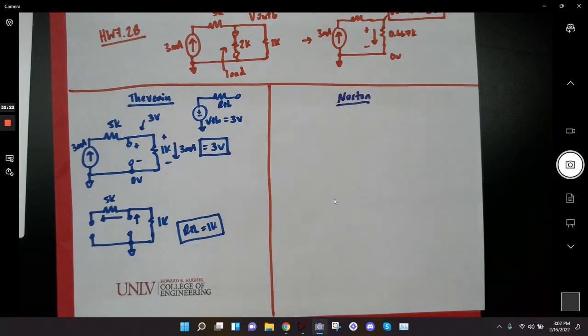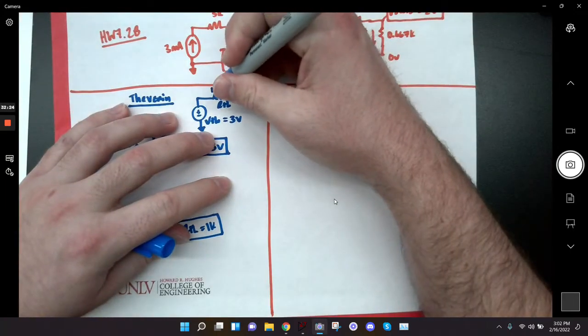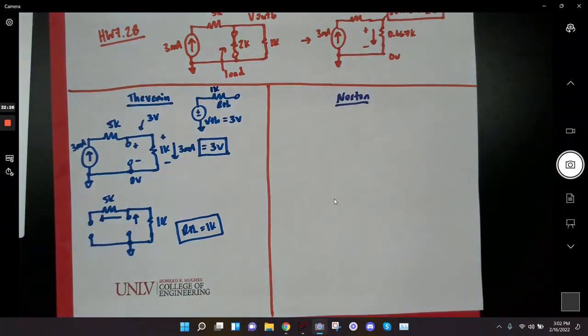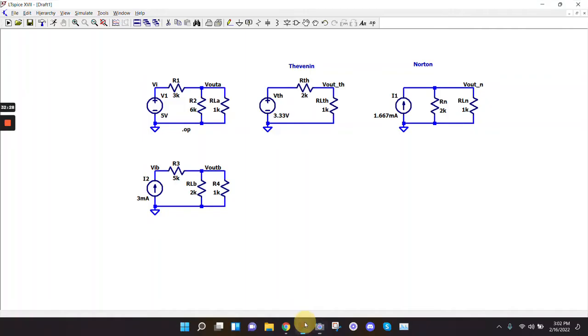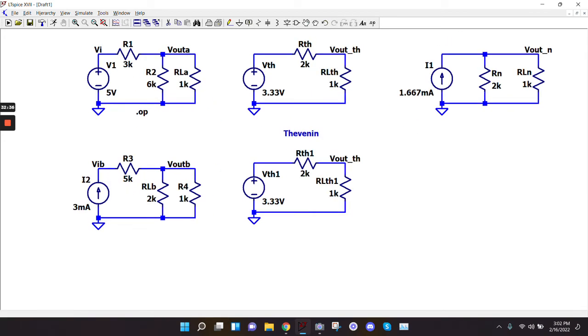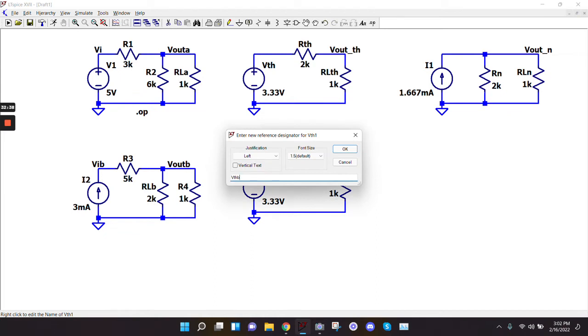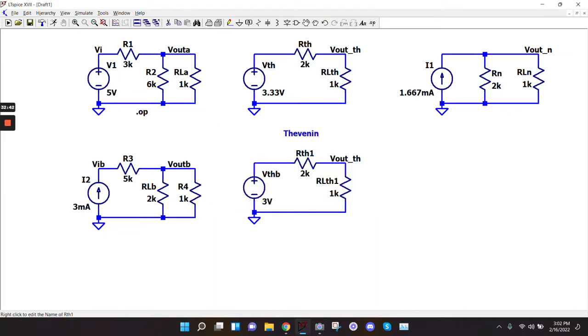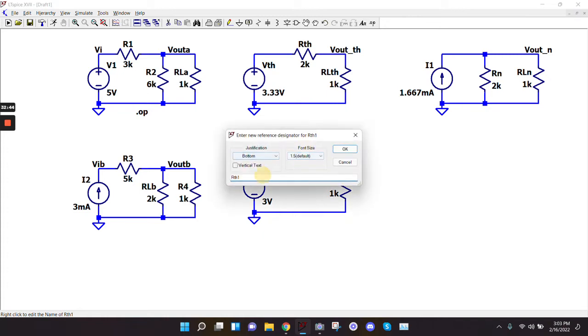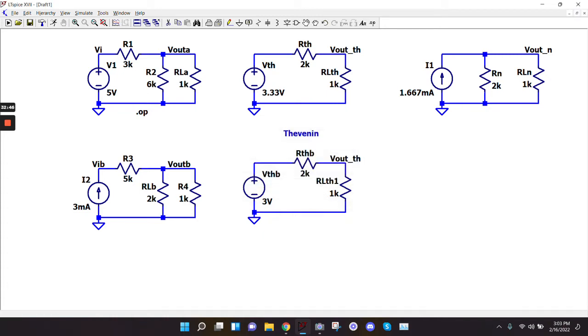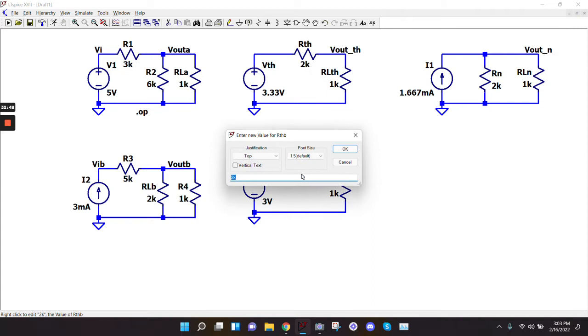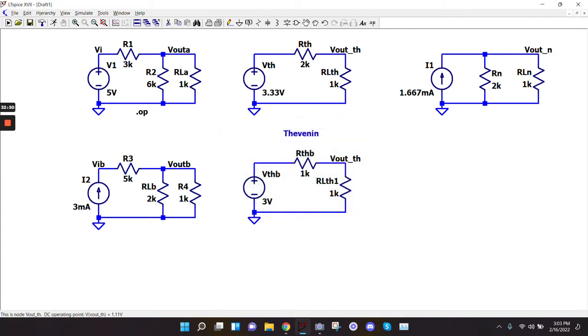Okay. So that's it. That's my Thevenin equivalent. I've got a 3 volt with a 1K. So if I come back over to Spice, let's do another Thevenin, and we'll call it V Thevenin B, I guess. And what did I say? 3 volts, 3 volts, and my R Thevenin B is 1K, and then my load, right?